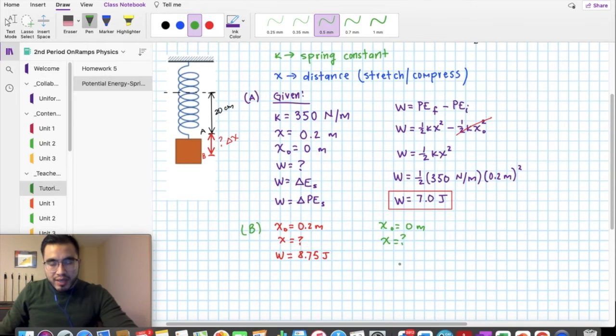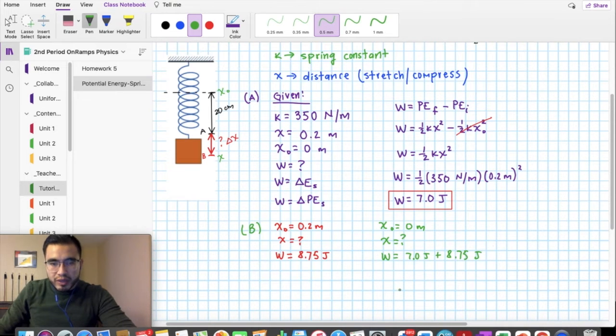What I'm trying to say is, for this one, when I have x naught over here and this is x, this distance will require a change in energy or work of 7.0 joules plus 8.75 joules.